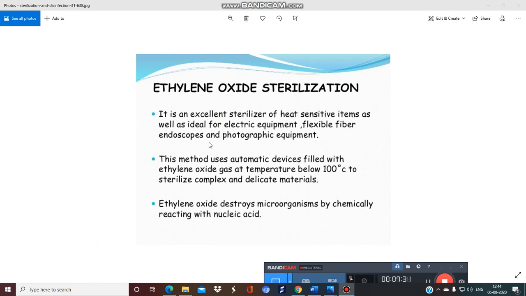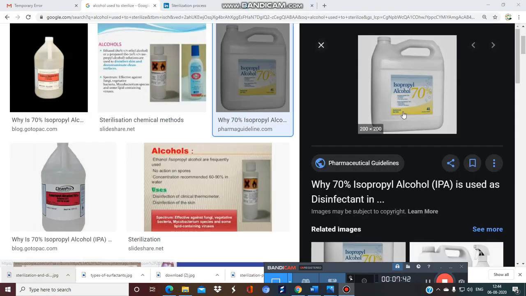This sterilization method is applicable for different types of electrical instruments, flexible fiber, etc. So we will also cover this gas. Yes, we again came to isopropyl alcohol, 70% being widely used. Even today its use is maximized as a hand sanitizer.